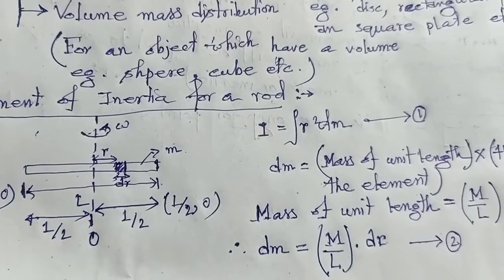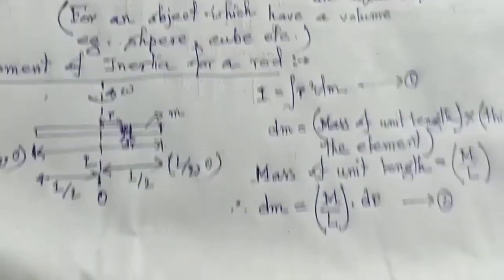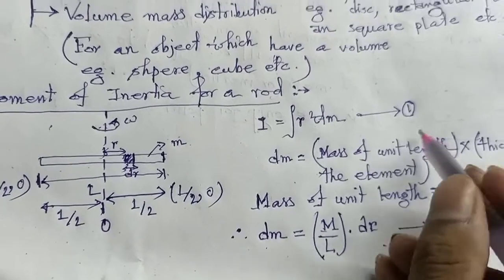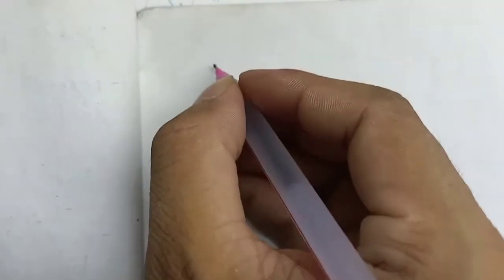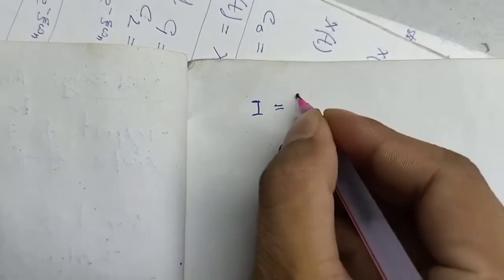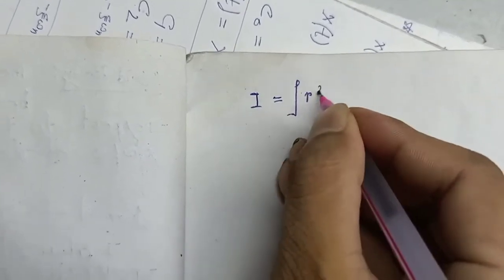Now we will substitute the value of dm from equation number 2 into equation number 1. For doing this, we take I equal to the integration of r square dm.